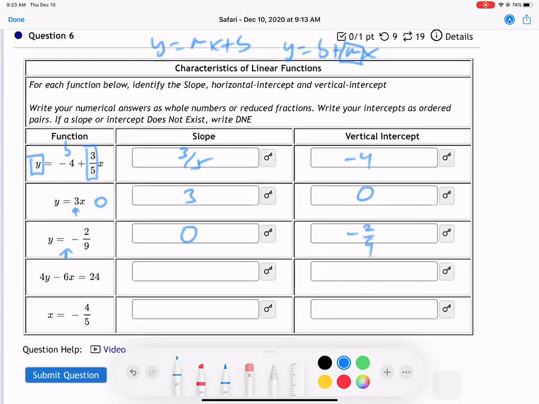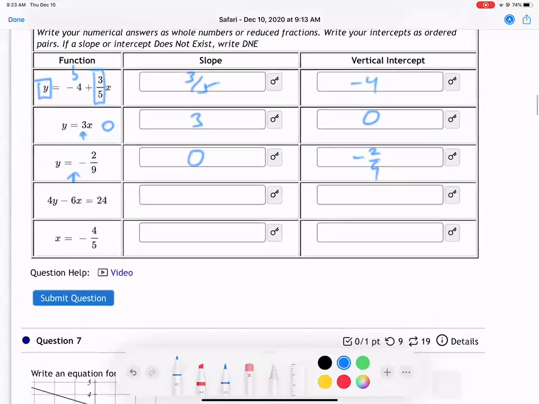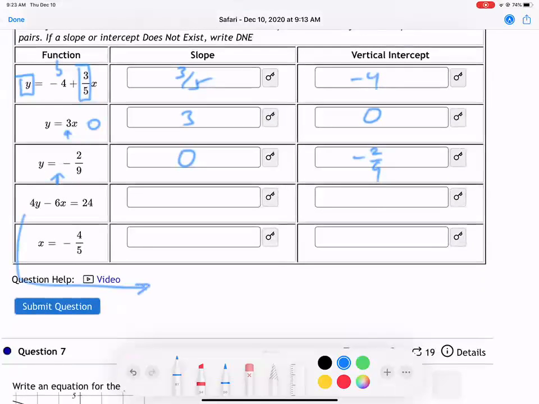The next question we have to solve for ourselves. I was grading a couple of retakes, and some kids messed up on this. Now, 4y minus 6x equals 24. If I'm solving for y, we have to get rid of the 6 and then the 4. Let's get rid of the 6 first, because it's farther away. 6x plus 6x to both sides. 4y is equal to 6x plus 24.